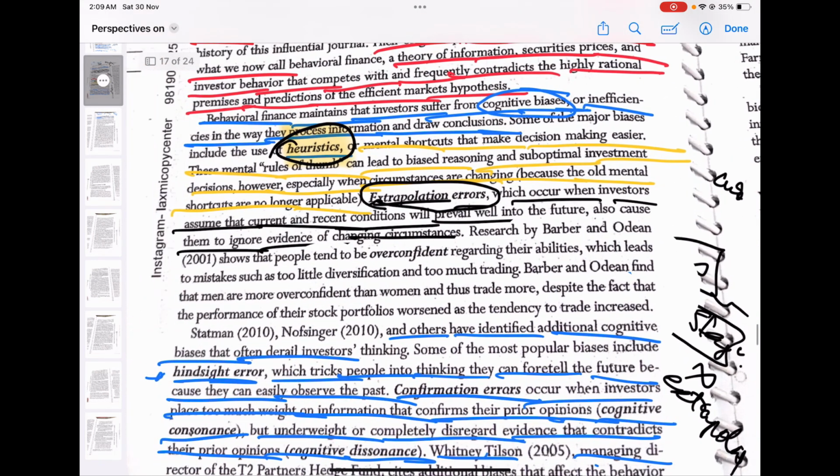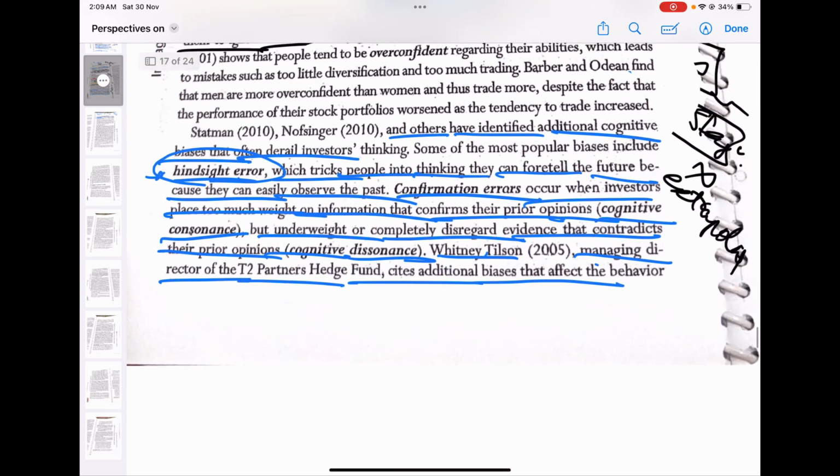Okay, so quickly, what is heuristics? Heuristics means mental shortcuts. What is extrapolation error? Circumstances are changing, so you need to have some shortcuts which are new. Hindsight error, you cannot see the future. Confirmation errors, you can't give that much importance to something that happened before.